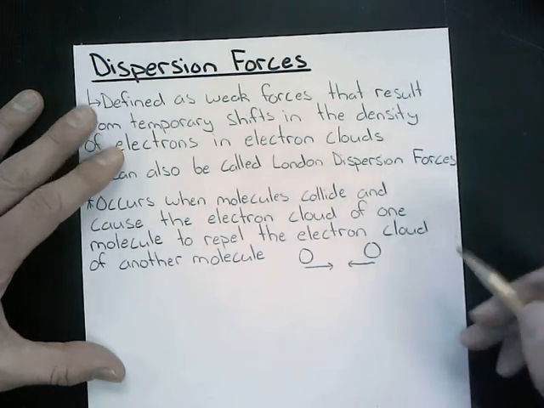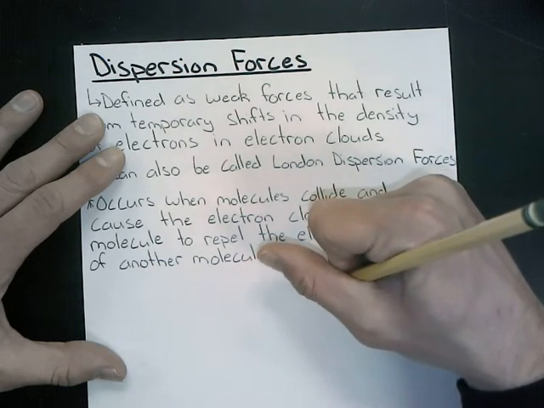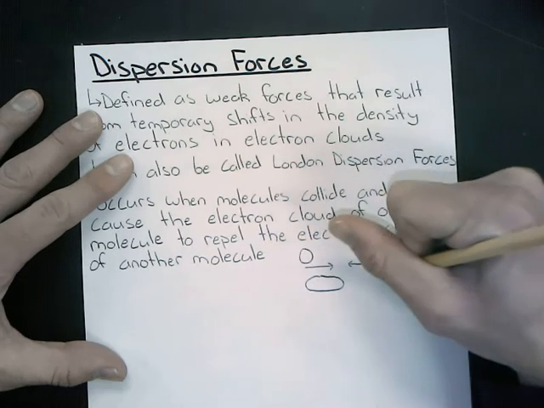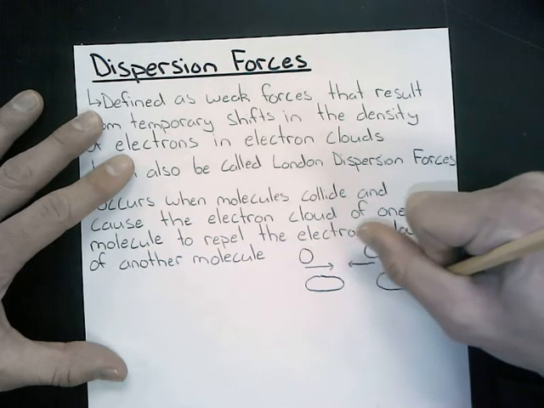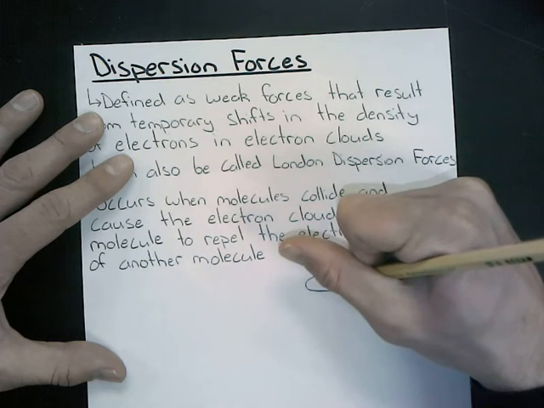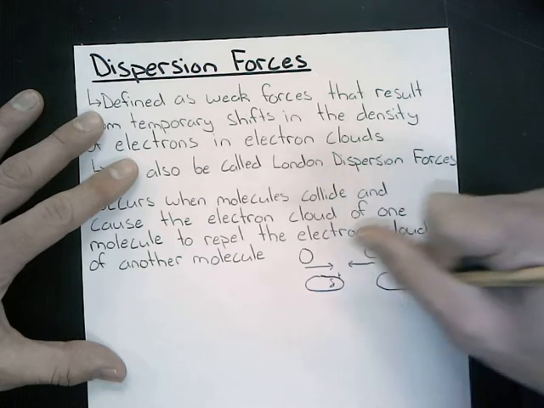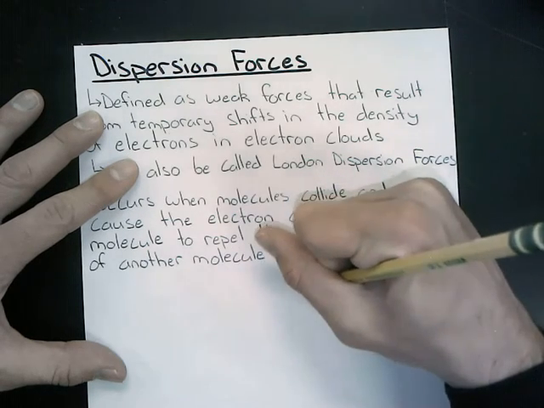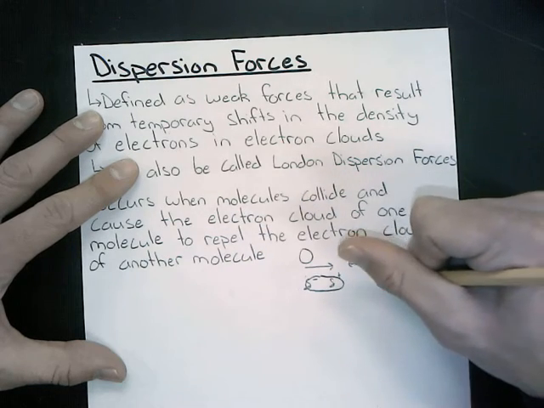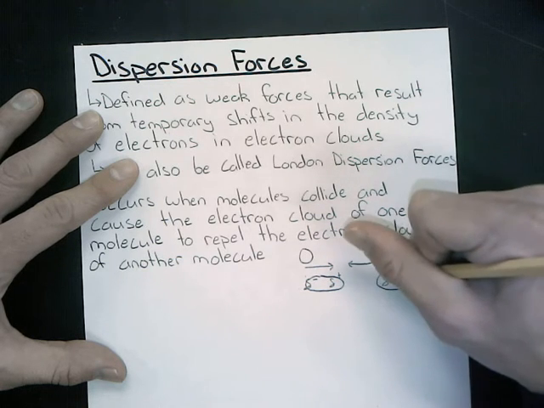What happens? They hit each other, and instead of having that perfect circular shape, you're going to get this oblong shape just momentarily, and you're going to have a partial positive and a partial negative portion created on each of these areas.